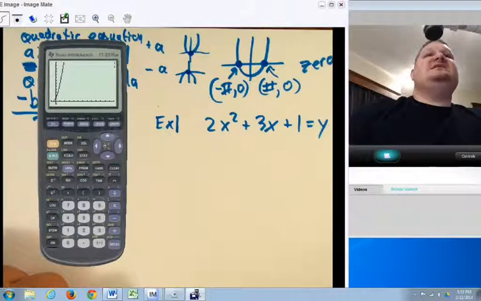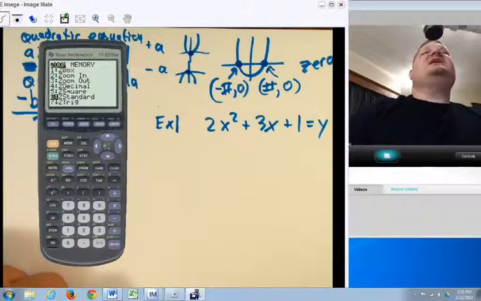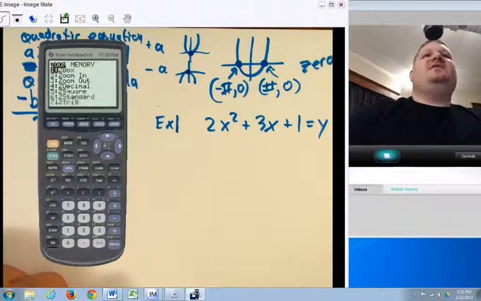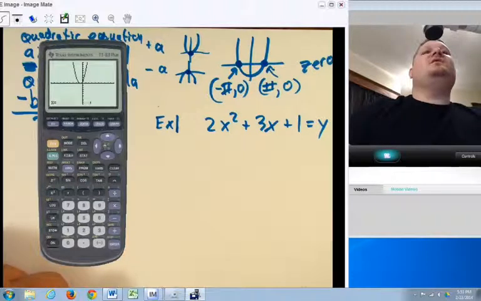Now, see, it's over here. Sometimes we have to zoom. Let's zoom standard. That's going to put us back in the usual position. Okay, we got our graph. Now, let's go a little closer and see what else is going on. I'm going to zoom in right where I think the vertex should be.